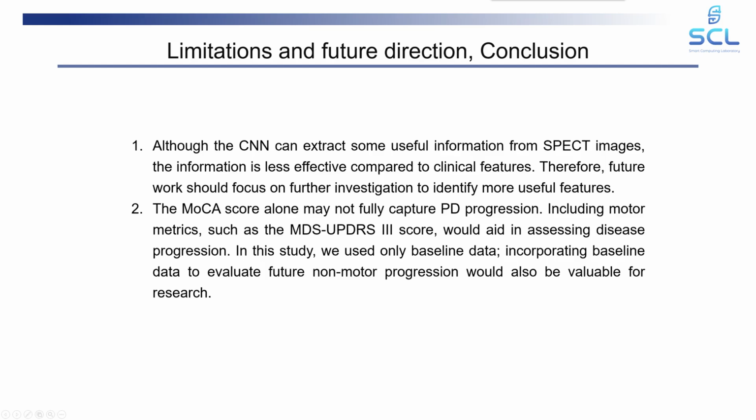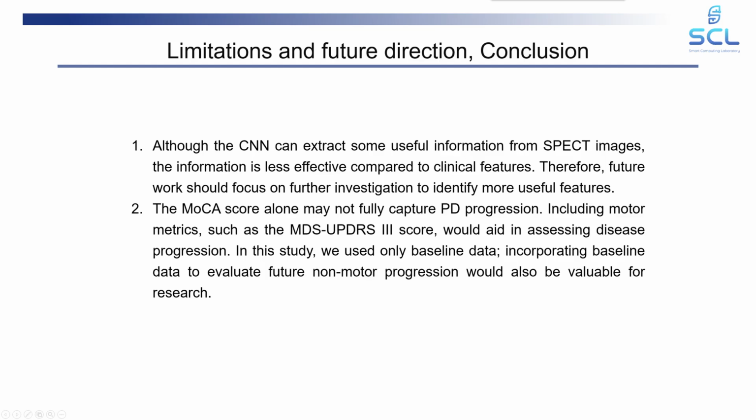The MoCA score alone might not fully capture Parkinson's progression; including motor metrics like the MDS-UPDRS-3 score would help assess disease progression more accurately. In this study, we only use the baseline data. Incorporating longitudinal data to evaluate the future non-motor progression would also be valuable for research.